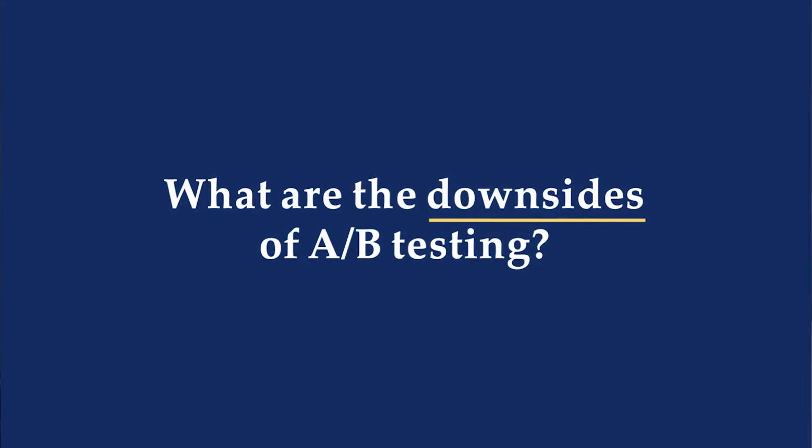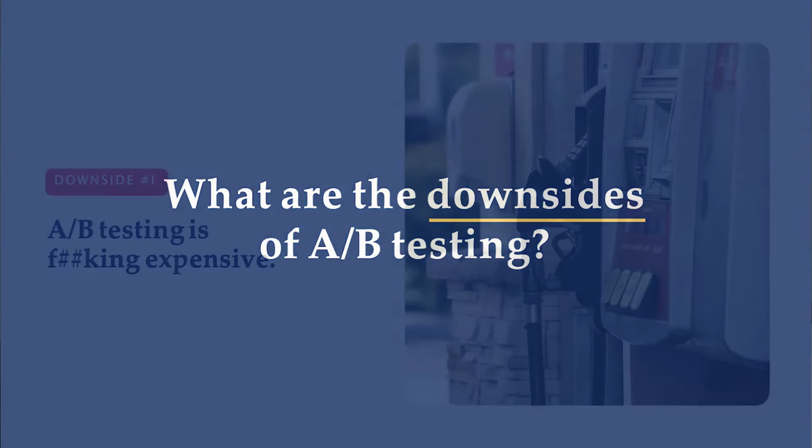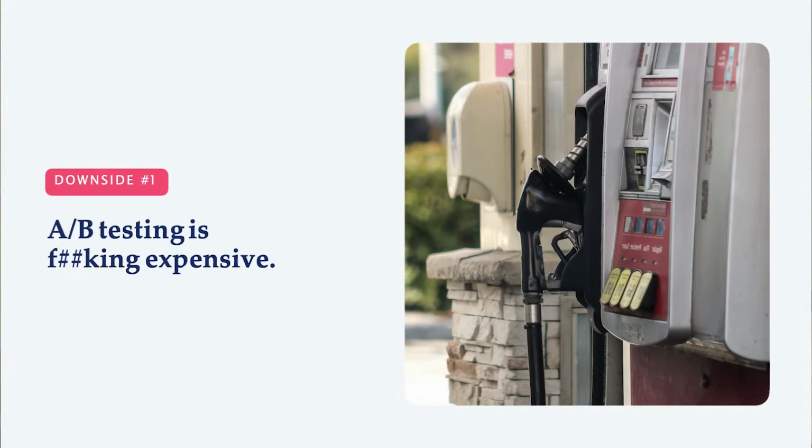Okay, A/B testing certainly has downsides. Let's talk about some of those. The first one, the biggest one, is that it is very, very expensive. If you are measuring just based on feature output, which I'm not saying is the best way to measure the efficacy of a software product team, but some people do, then conceptually, if you're doing A/B testing correctly, you're throwing away half of your designs, half of your source code.